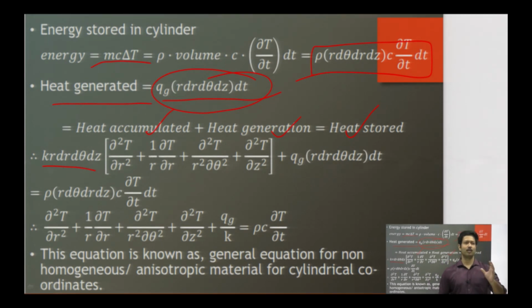And then rho, in brackets the volume, r dθ dr dz, specific heat into ∂T/∂t. So the final equation that you get for the three-dimensional heat conduction equation in cylindrical coordinates is this. On similar lines, we have derived it for cylindrical coordinates as well.